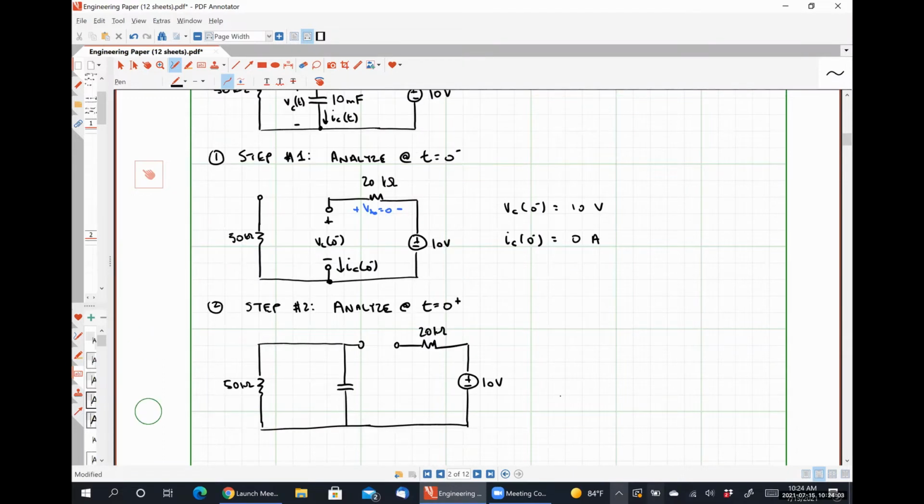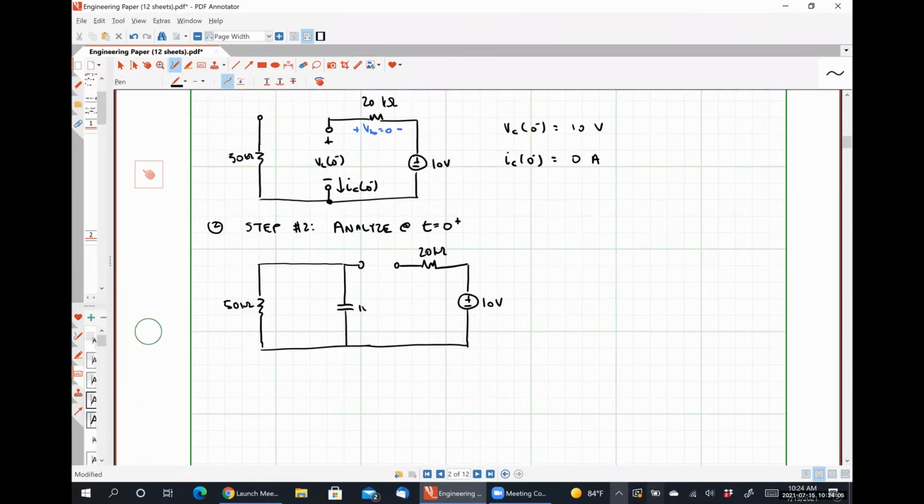And the capacitor is 10 millifarads. Here's our capacitor voltage, VC at 0 plus. Here's our capacitor current, IC at 0 plus. And we're trying to determine those two quantities.